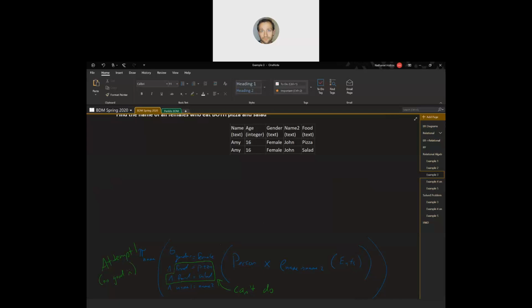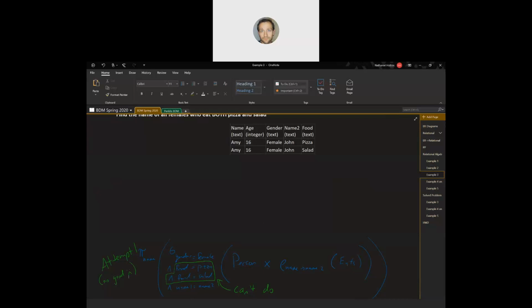Yeah, other people's answers were similar. Would you split it in 2? Yes, you would use intersection.